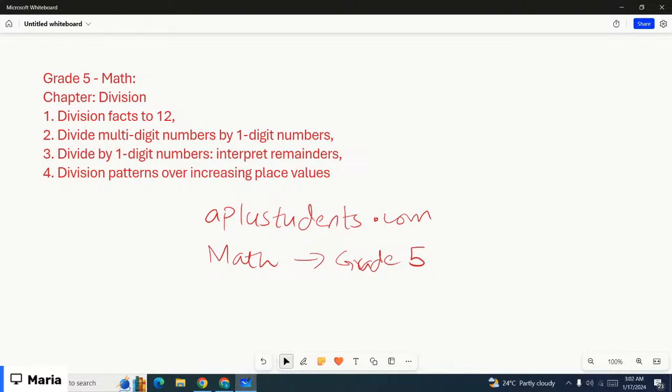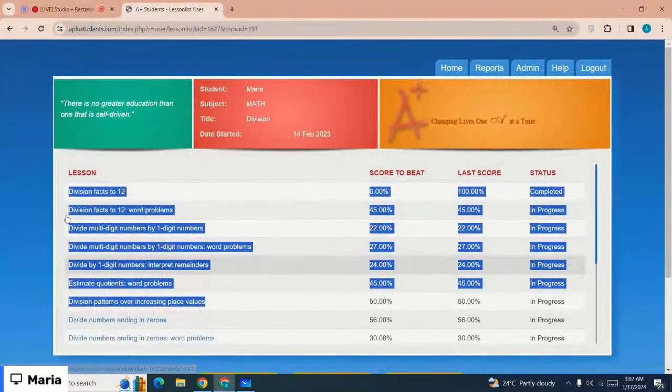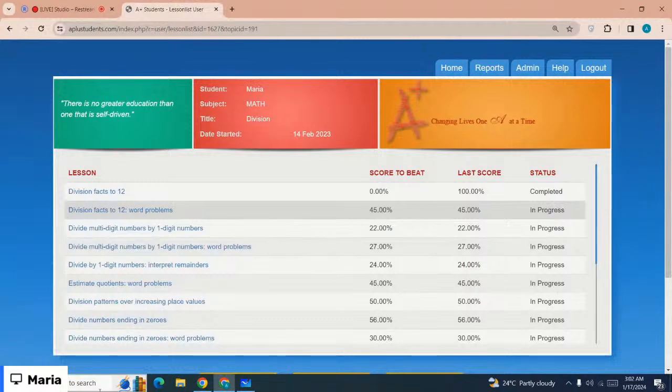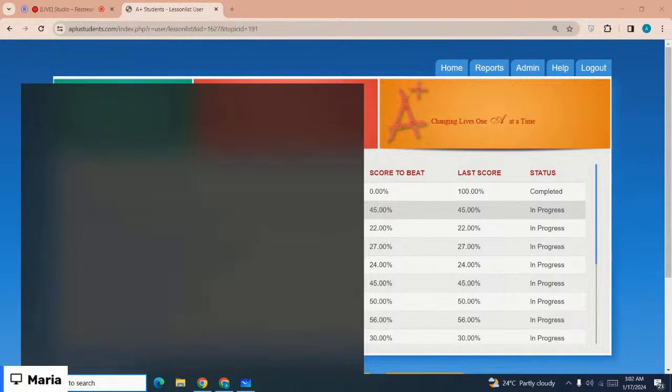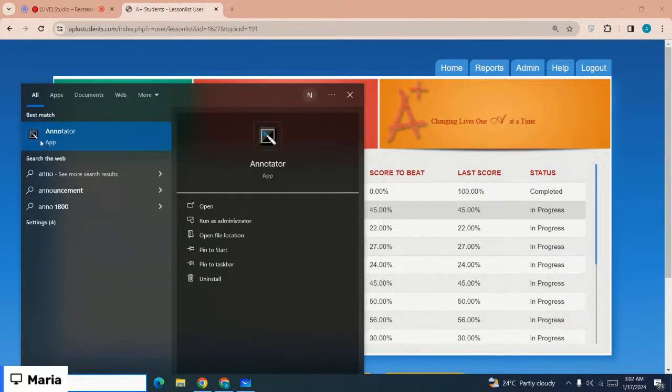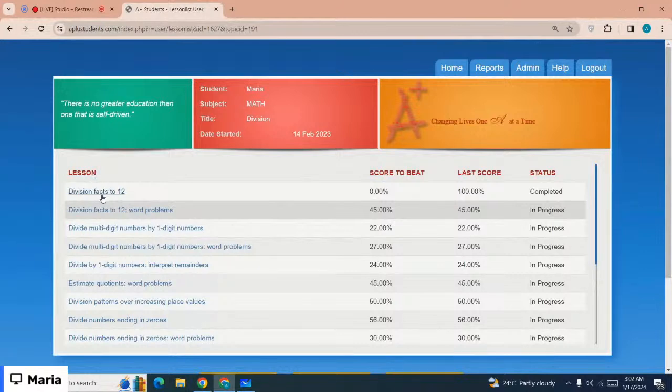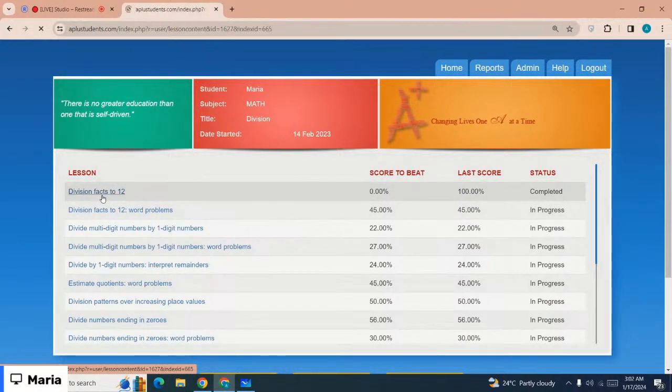So please make sure you have your notebook and pencil so that you can note down the important examples and definitions as well. Let's just start with the lesson. Here I am on grade 5 math. The chapter we're going to start today is, let's just start with the first lesson, that is division facts to 12.